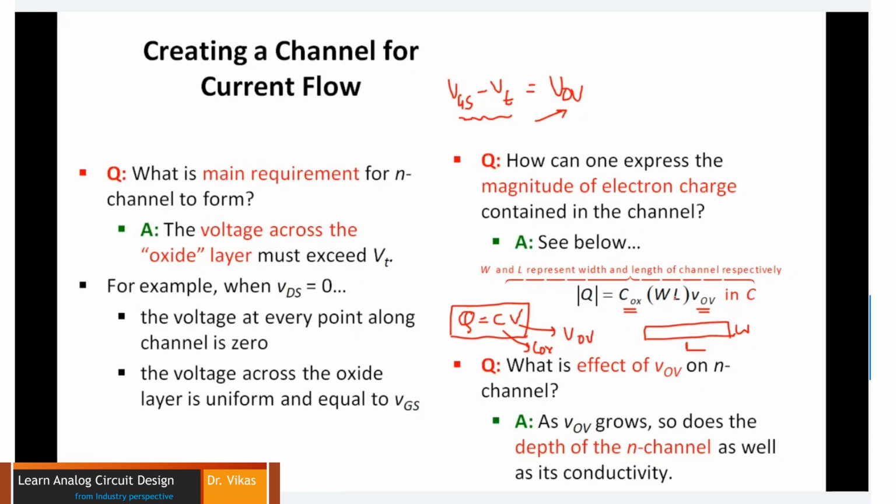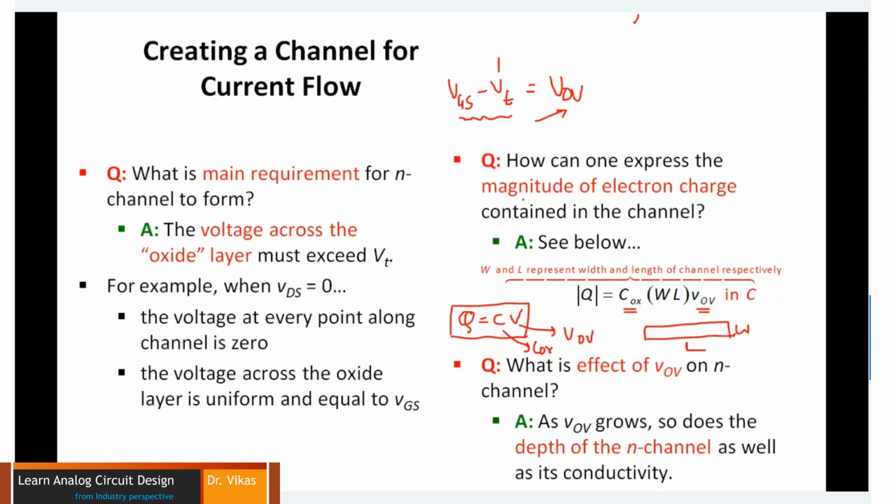So that is how the magnitude of electron charge is represented. That means the magnitude of charges is represented by Cox WL times VOV, and VOV itself is nothing but the overdrive voltage, which is the difference between VGS and VT.